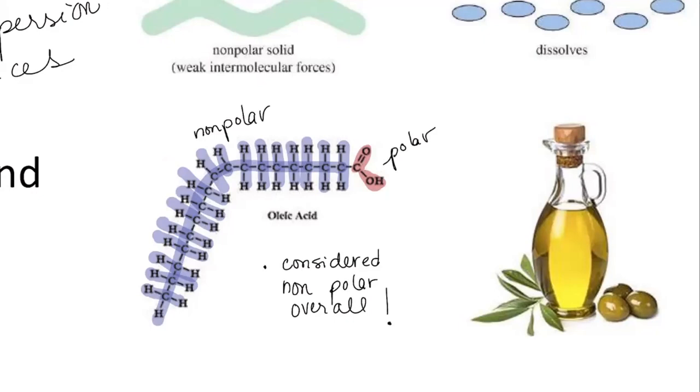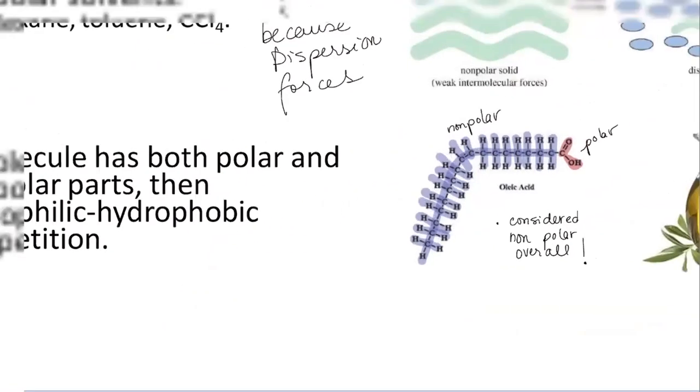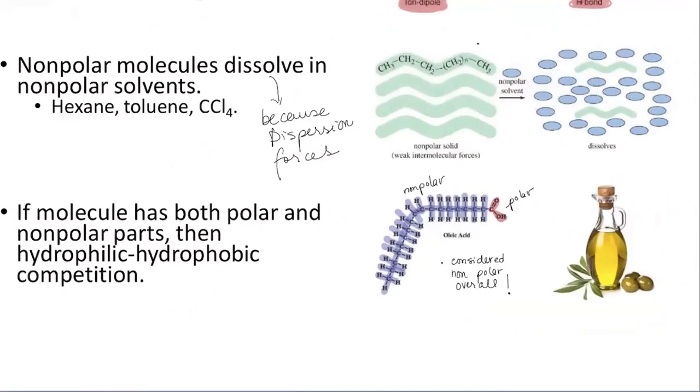Now, this whole idea of hydrophobic and hydrophilic is in competition. Hydrophilic means an area that is in love with water. So the polar side is the one that is hydrophilic. Hydrophobic means that it's afraid of water. So the non-polar side is hydrophobic. Let me just include it here. So this part is going to be hydrophobic.